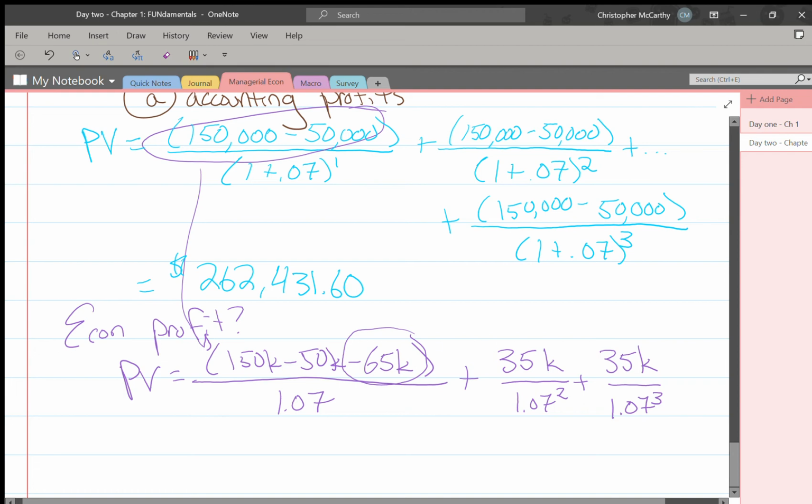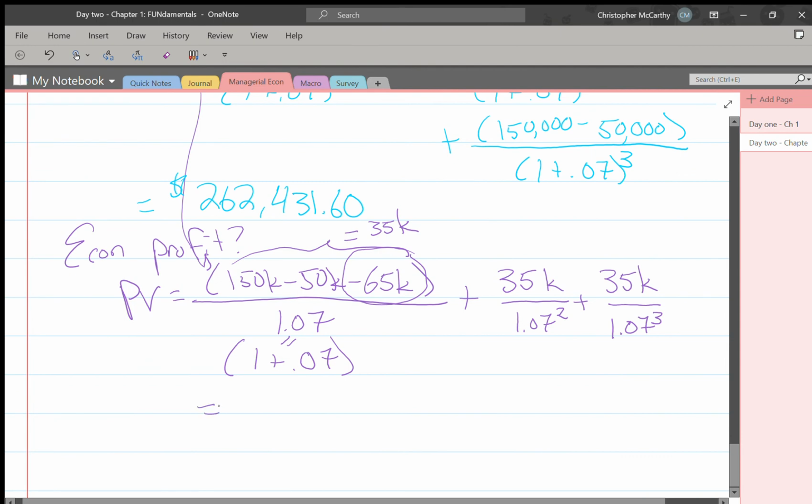And obviously 1 plus 0.07 is equal to 1.07, just to save myself some time. This ends up being $91,851.06, the present value of the stream of economic profits.